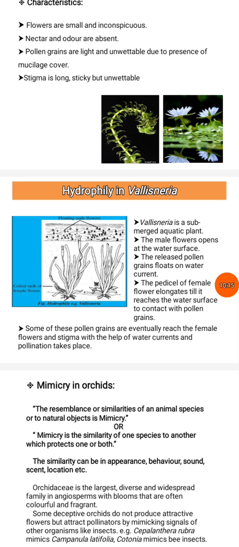That is, the pedicel of the female flower elongates till it reaches the water surface and comes in contact with the pollen grains. So these pollen grains eventually reach the stigma of the female flowers and pollinate with the help of water currents. So pollination takes place with the help of water. This is known as hydrophily.